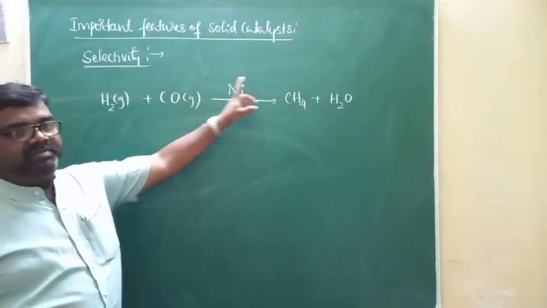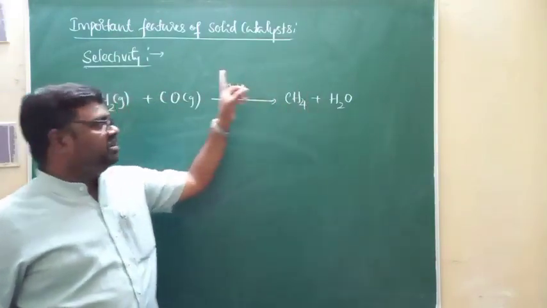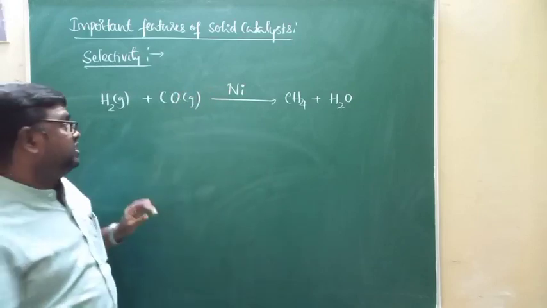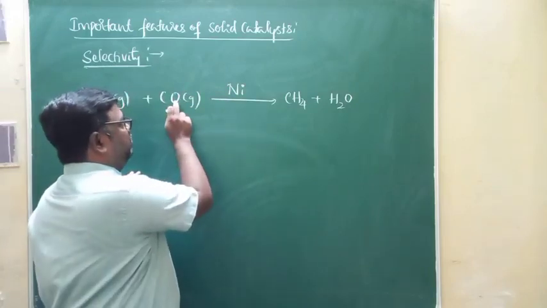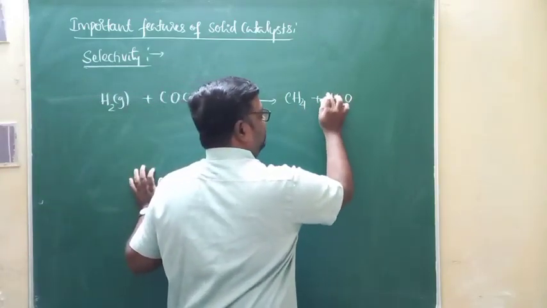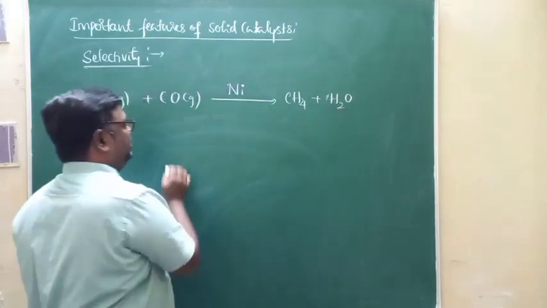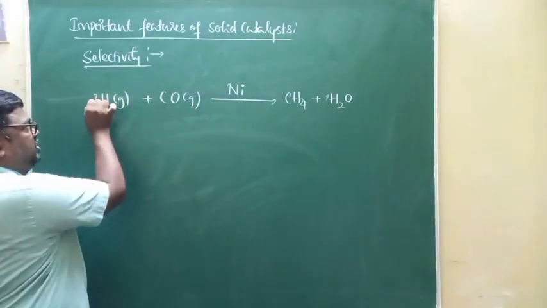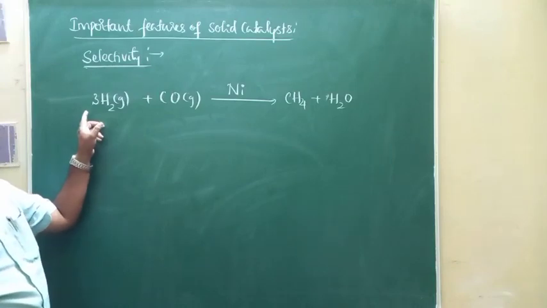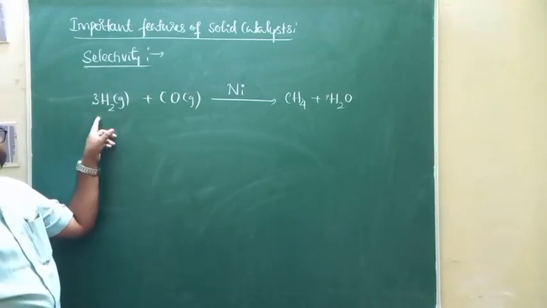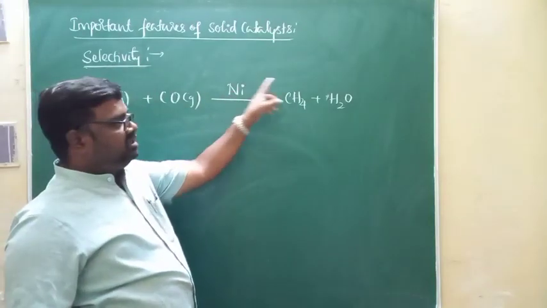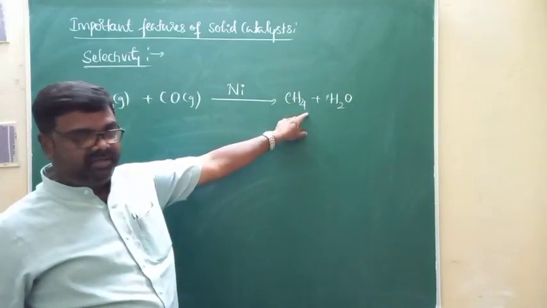In order to balance it, here we have one oxygen atom, therefore it will be H2O. 6 hydrogen atoms are there, therefore it should be 3H2. So this is the balanced equation. For this particular reaction, if I use nickel catalyst, the products of the reaction will be methane and water.